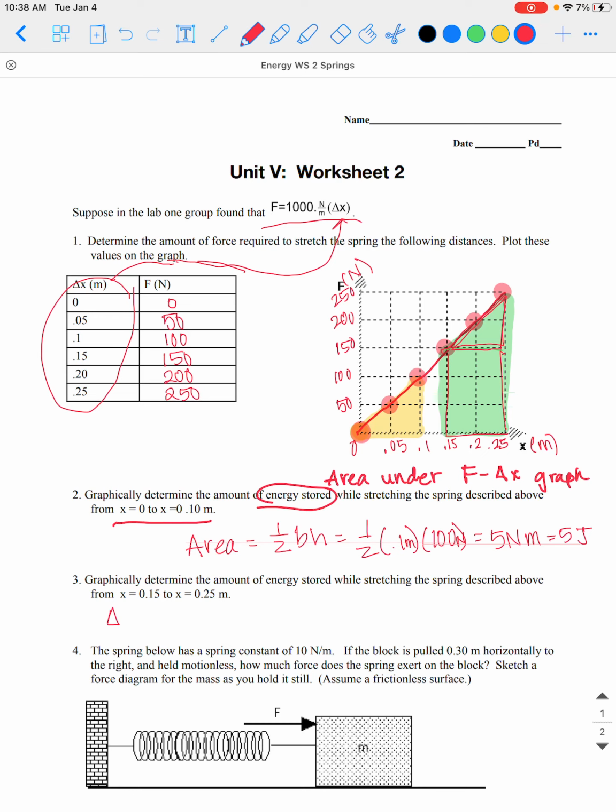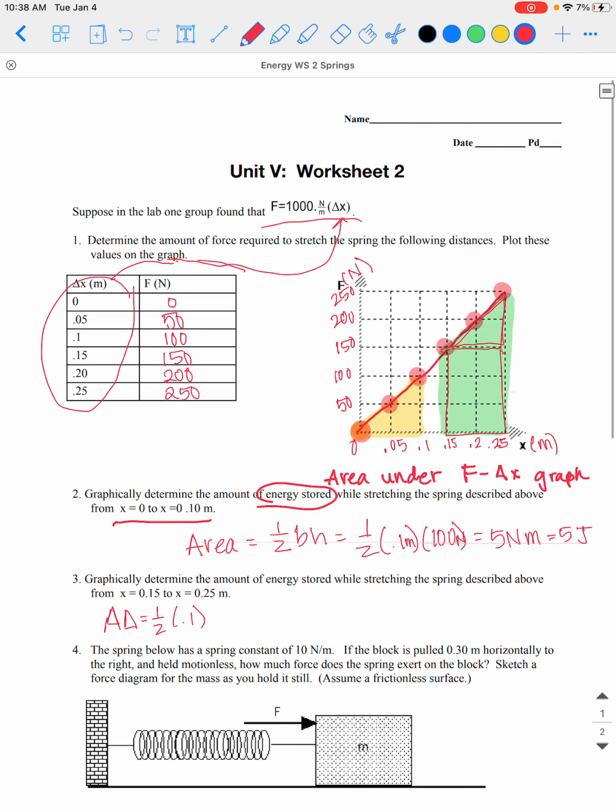The area of a triangle is going to give me 1/2. My base is from 0.15 to 0.25, which is 0.1. And the height is from 150 to 250, which is 100. I already did that calculation here, so that gives me 5 joules.